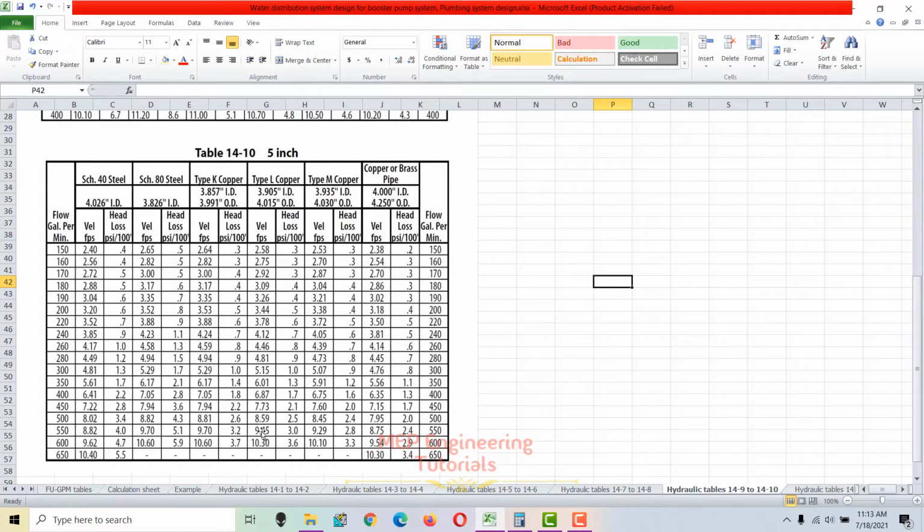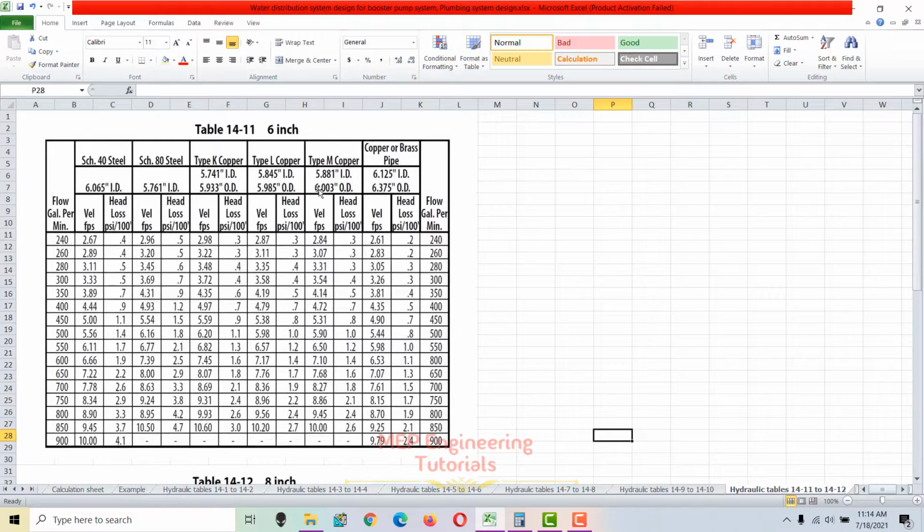At 550 the velocity is 9.45 feet per second, and at 600 the velocity is 10.3 feet per second. Again this velocity is higher than the recommended 8 feet per second, so we are not going to use the 5-inch pipe size. We'll go to the next table, 6 inches, and check the demand at 550 and 600.